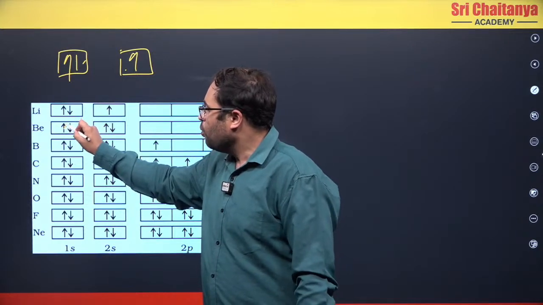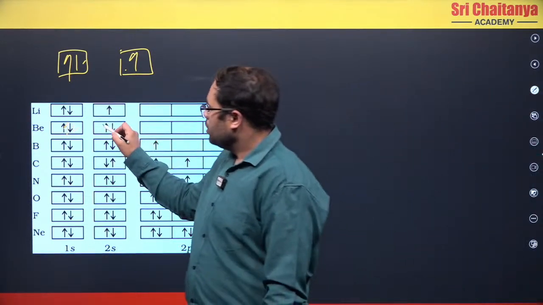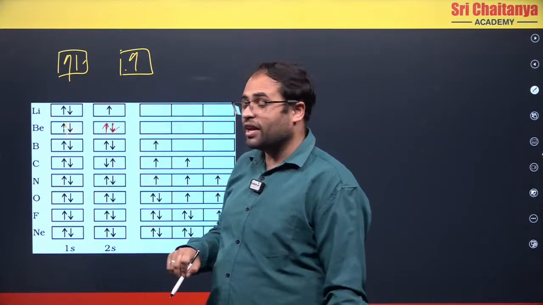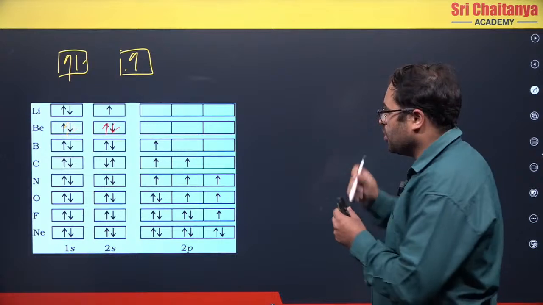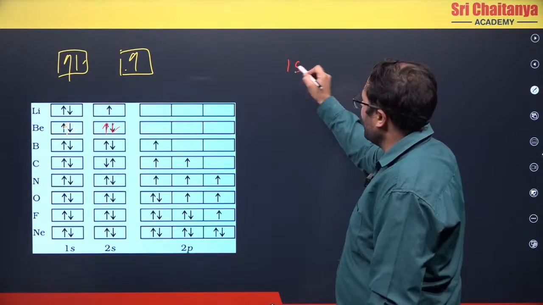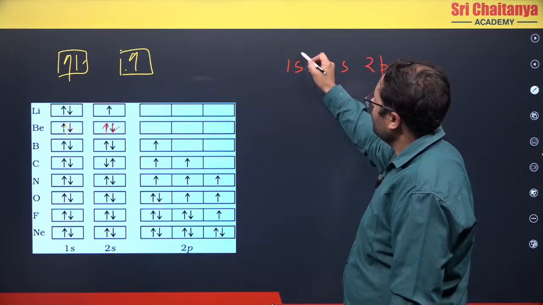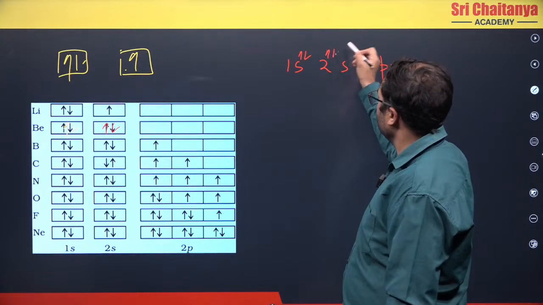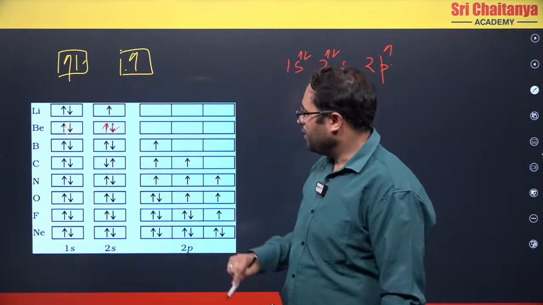I will add 1, 2, 3, 4, because the number of electrons is 4. Boron. Now boron has 5 electrons. So how will you do that? 1s, 2s, 2p. So 1, 2, 3, 4 and 5. Right? 1, 2, 3, 4 and 5.